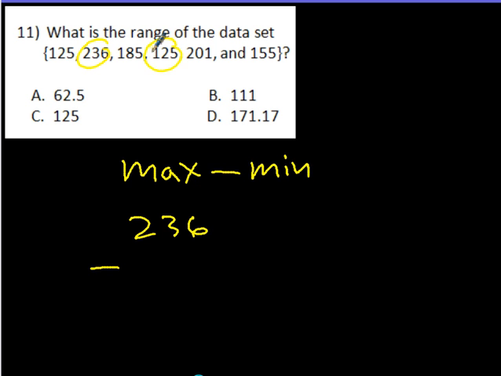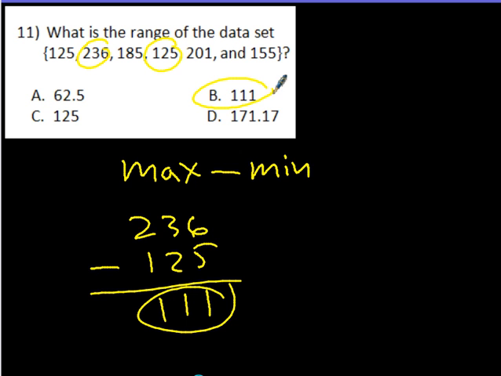It occurs twice, but that's not relevant. 5 from 6 is 1, 2 from 3 is 1, 1 from 2 is 1. There it is. You can put that data into your calculator and do it that way, but that would be an awfully long way to go. I'm pretty sure the range is right in there, but we're not going that route.